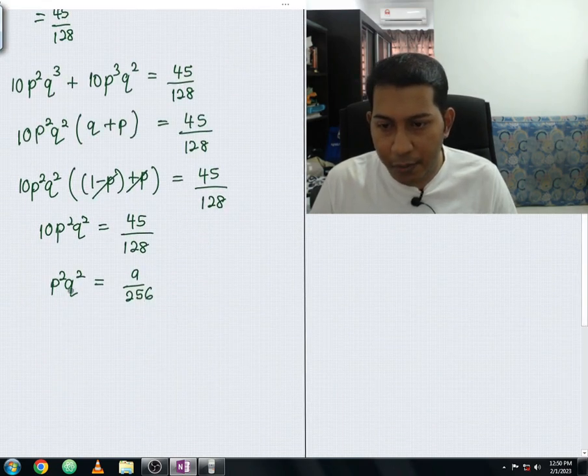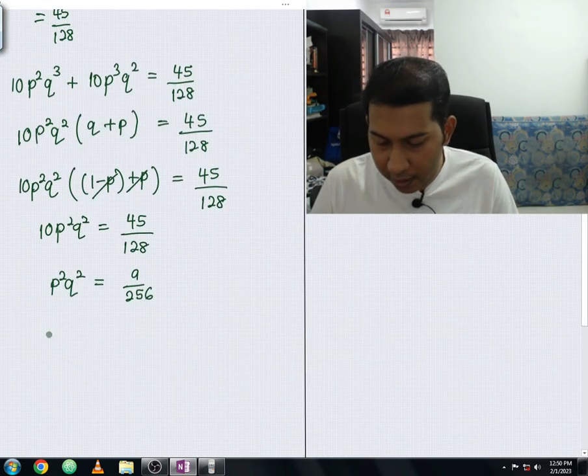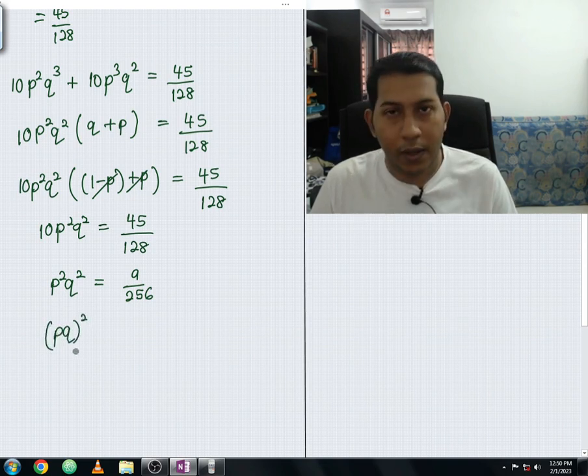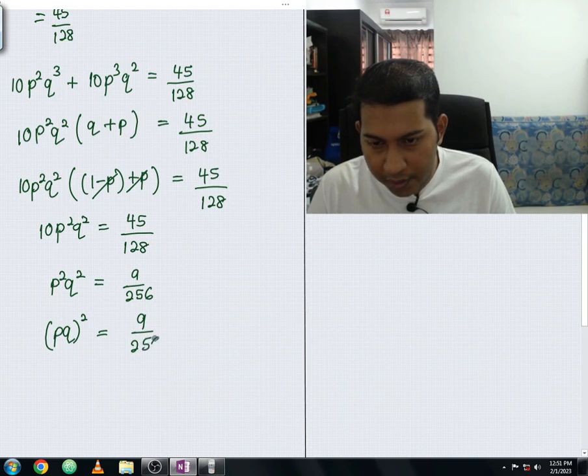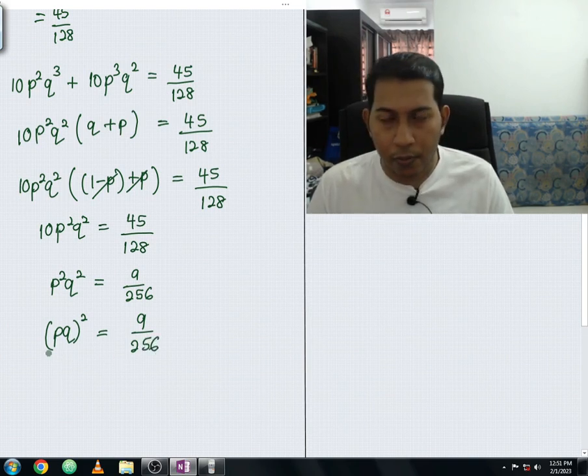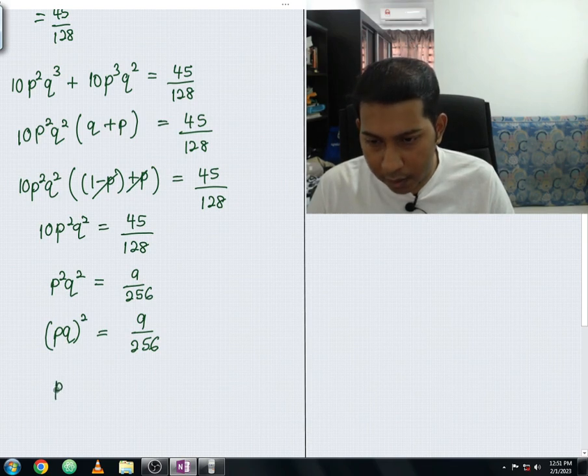This p squared and q squared we can group together as (pq) squared. We can rearrange them, factor out the square and put it outside, equals 9 over 256. To get pq, you square root both sides. So you get the square root of 9 over 256.